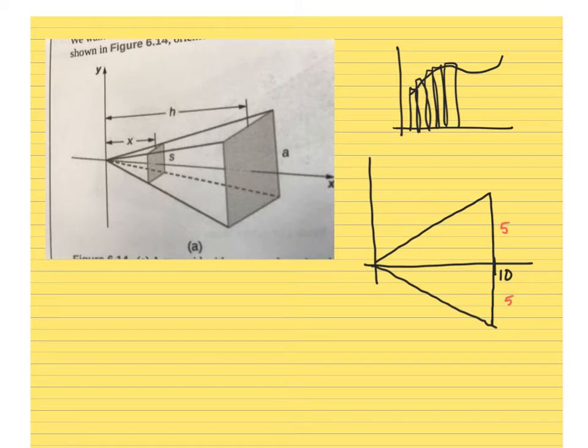Now, the idea is there are lots of objects that we can do this with. The ones we're going to start off with are fairly simple, and they're simple in this fact that if I were to imagine this was like a loaf of bread, and I were to slice out a slice from that. So imagine going over here a distance x and slicing out a slice of this pyramidal shaped loaf of bread.